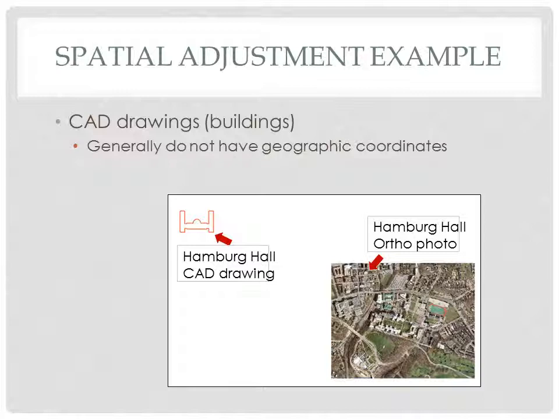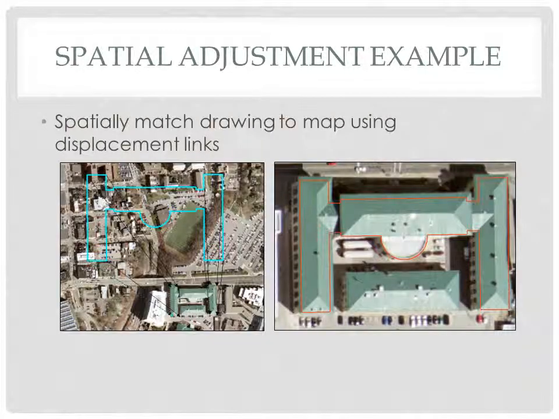So here's the drawing of Hamburg Hall, the building at Carnegie Mellon University, and then here's the same building on an ortho photo. In this case, if you notice, it can be spatially matched using displacement links.